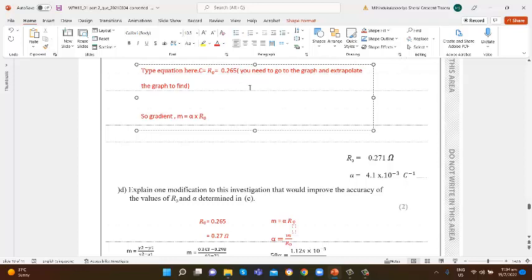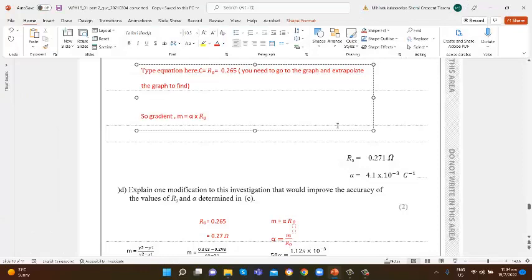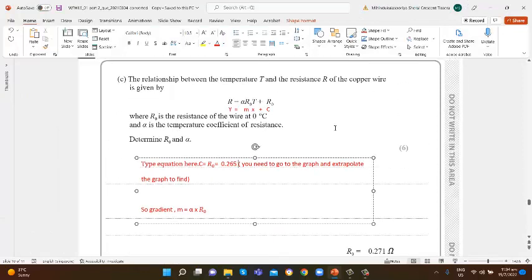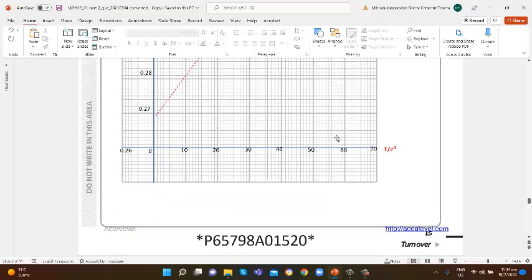So I'm advising you to do everything and practice. Don't go to the exam hall to practice everything. You have to practice at home, and you have to be very sure of your measurements. So it is something like that, 265.